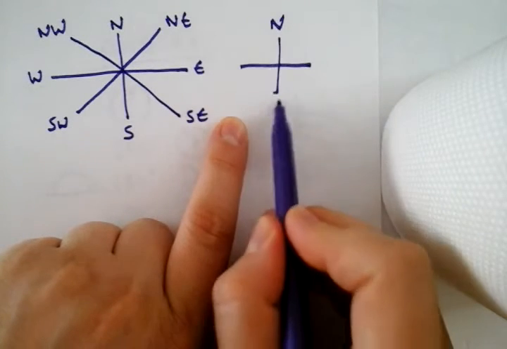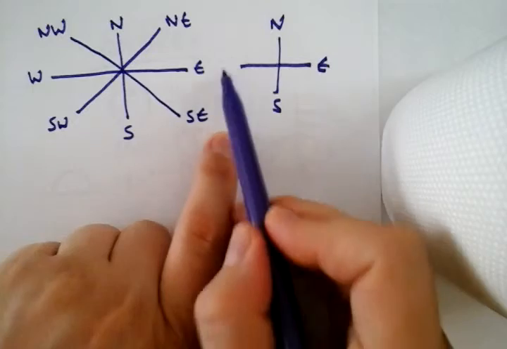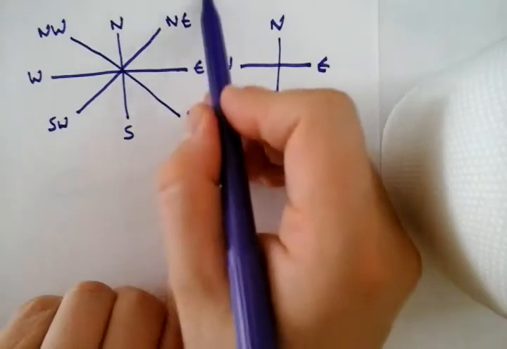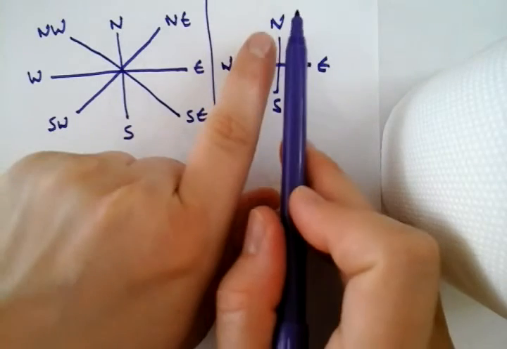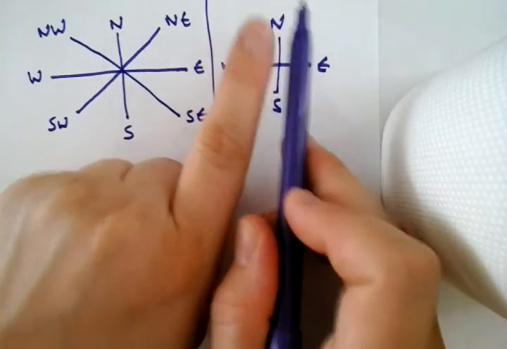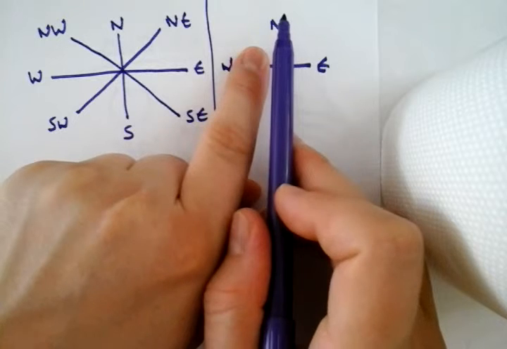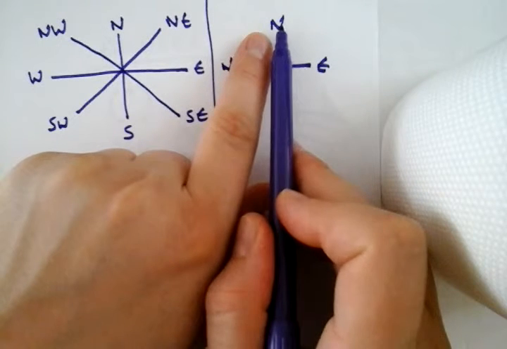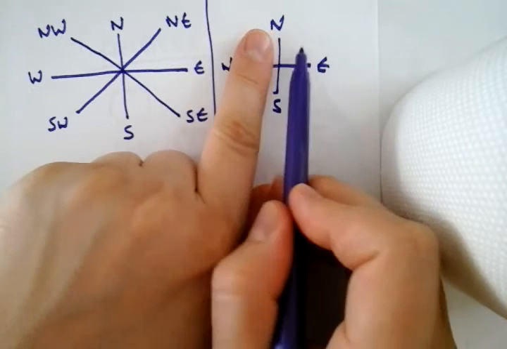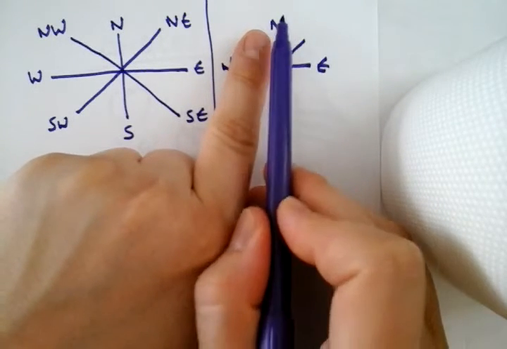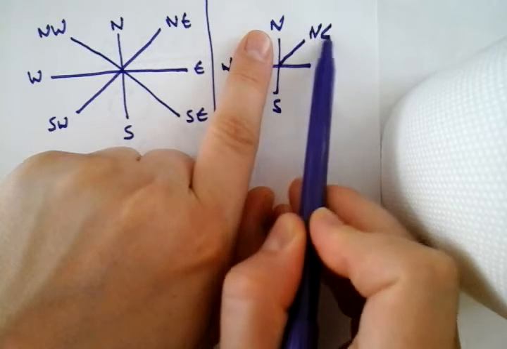It's north, south, east, and west, right? So now what we do is the dominant one. So now we pick the first one, which is north. Pick north, and then the other one on the right hand side is east. So pick the first one, north, east.